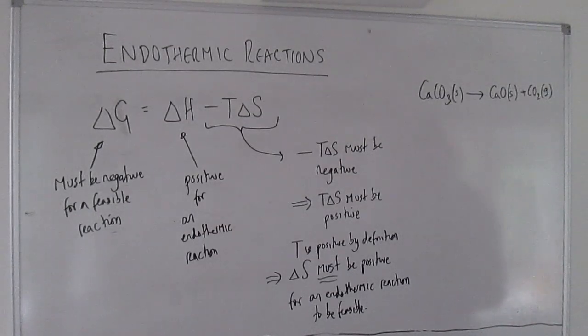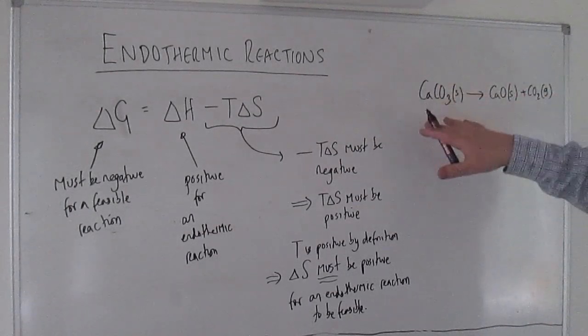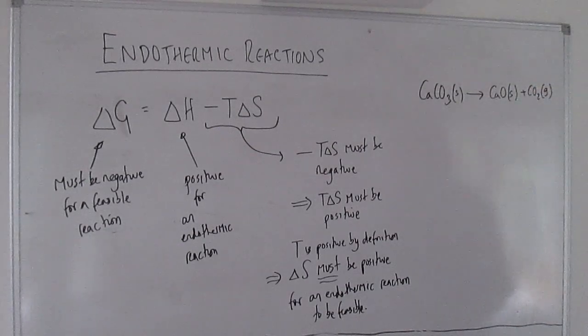That's a strongly endothermic reaction. You have to heat it to very high temperatures to provide enough energy for it to happen. But it's also a reaction that's going to have a positive delta S because it's producing a gas, so it fits in with this definition. So that's an important result.